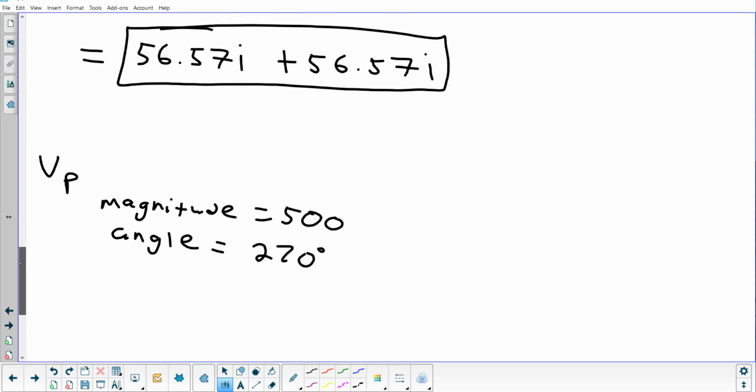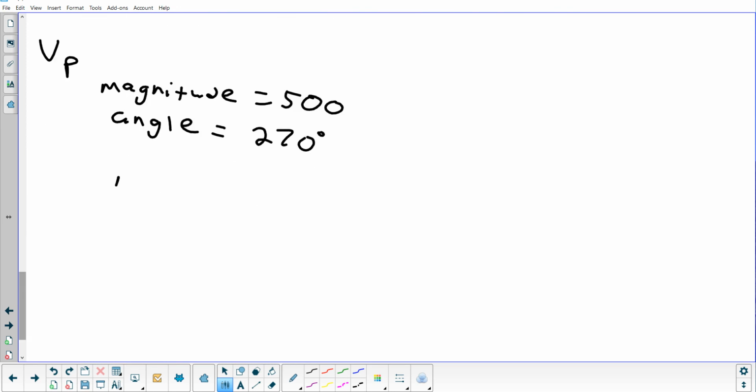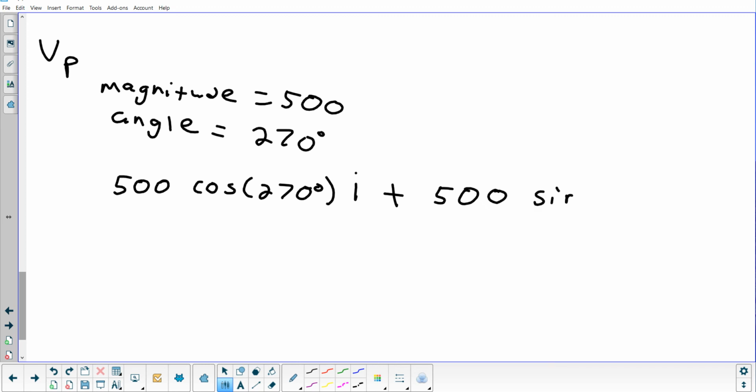Okay, let's figure it out. So we're going to have 500 cosine 270. That's the horizontal. And 500 sine 270 is the vertical.